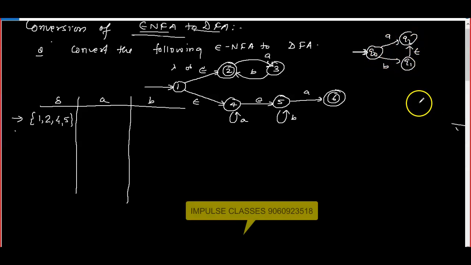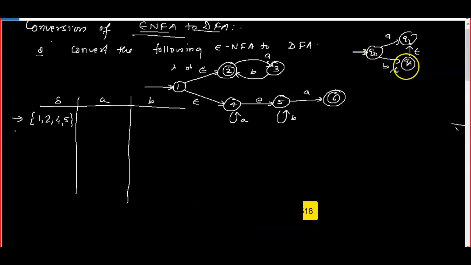If epsilon is mentioned, then you should consider Q1 too, because from Q0 to Q1 you can go freely. This is the only point you have to keep in mind while taking the starting conditions. Now it will be the same as the NFA.